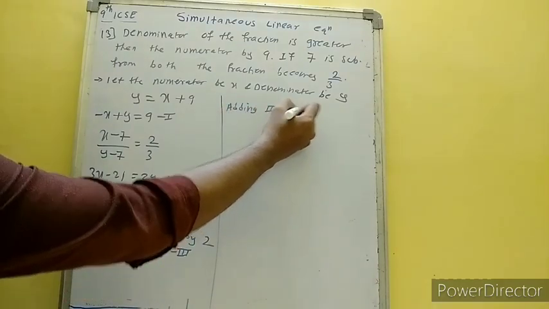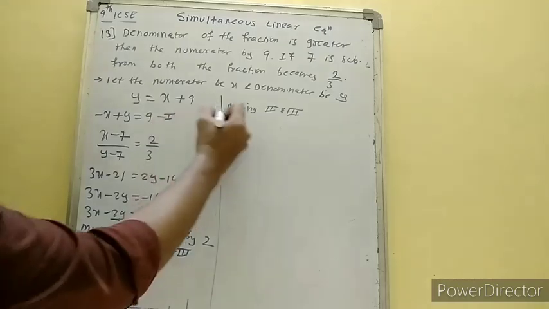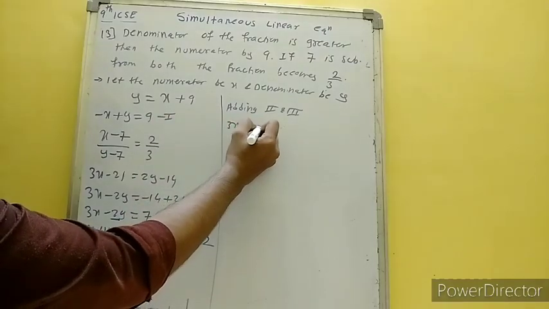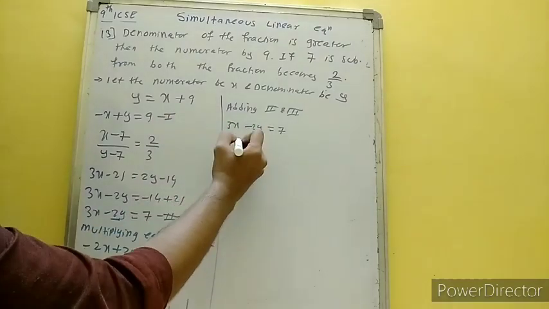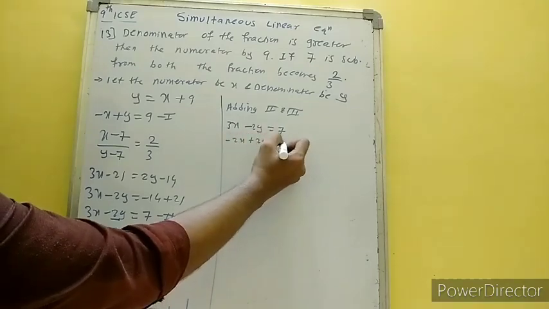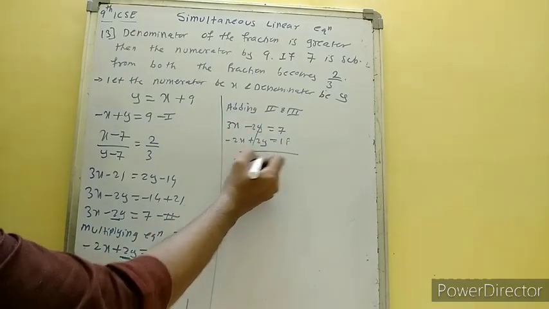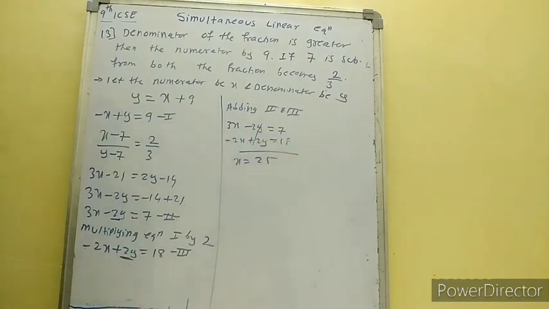I am solving this sum a bit fast, we have already done this in the previous exercise. So 3x minus 2y is equal to 7, and minus 2x plus 2y is equal to 18. This gets cancelled. 3x minus 2x is x, and 18 plus 7 is 25.